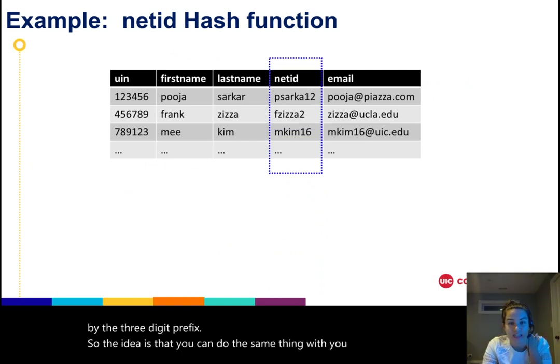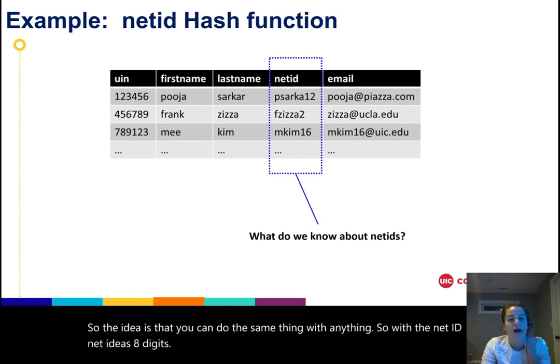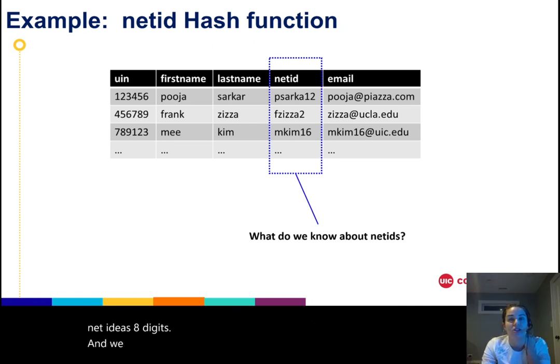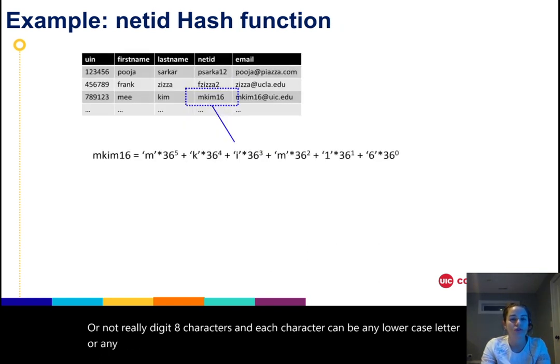So with a net ID, it is 8 characters, and each character can be any lowercase letter or any digit. And so in total there are 36 different options for each character.